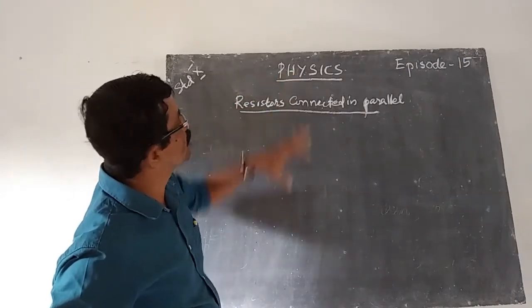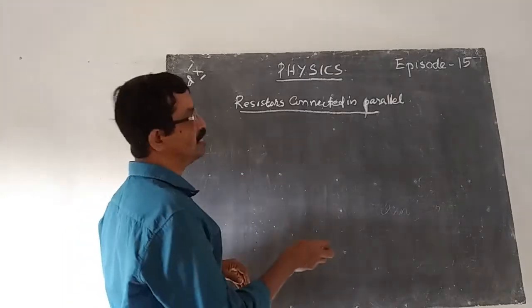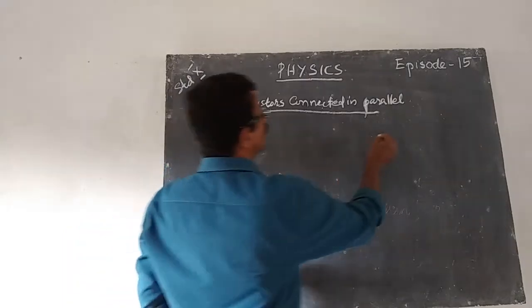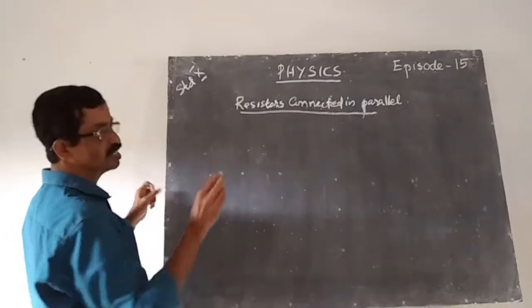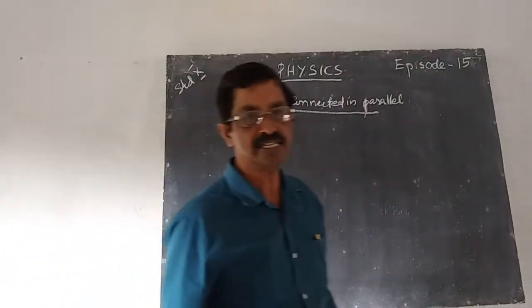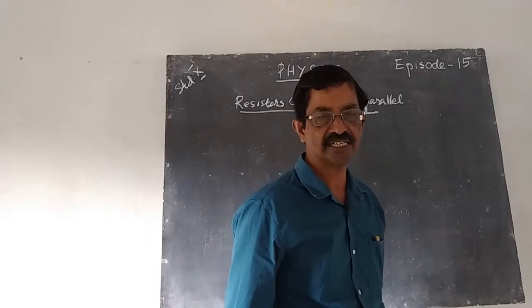We discussed series connection in the last class. When we connected resistors in series, how did we connect them? Can you remember it?